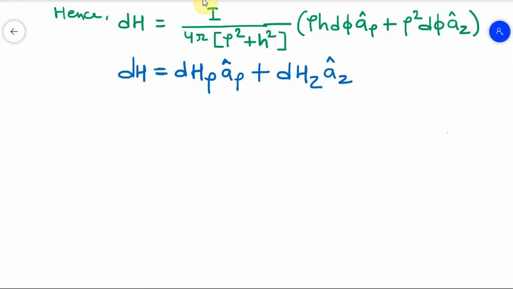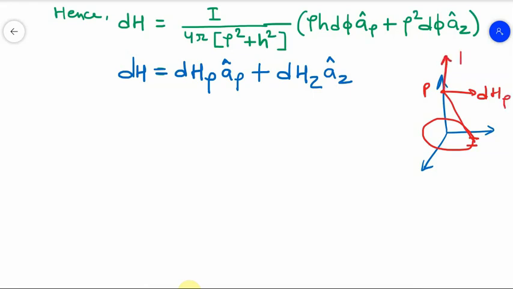If we have the structure something like this, with the current carrying conductor here, and we consider the point P for this element, we have this dh rho and this dh z along the z direction.